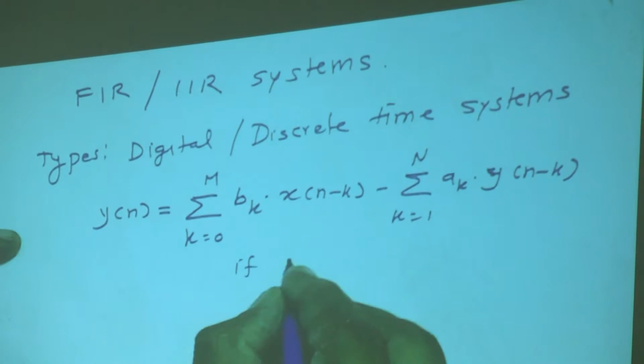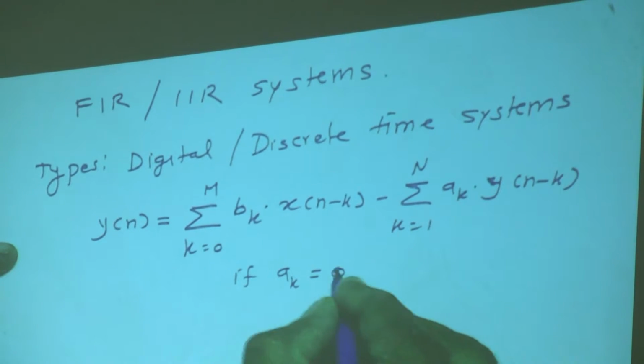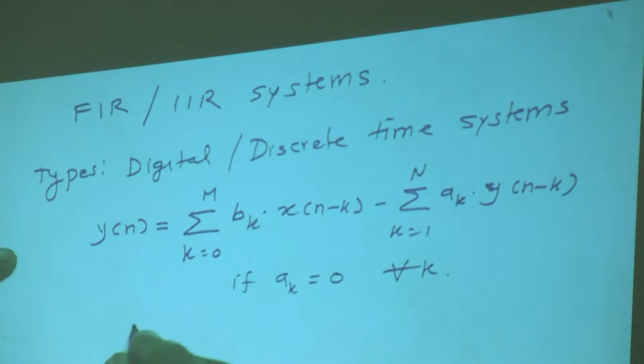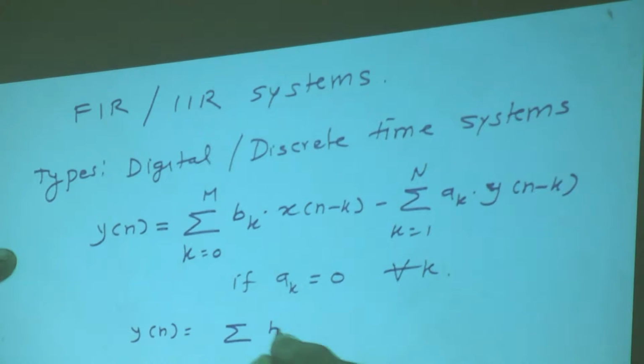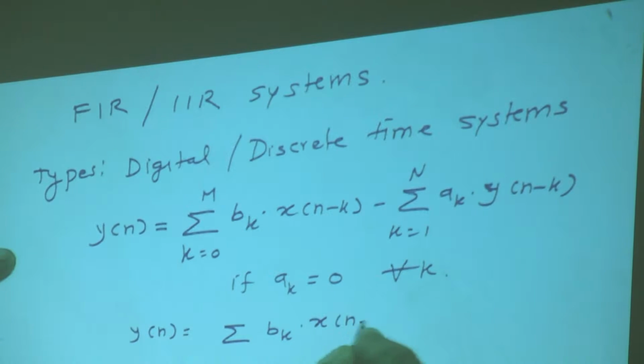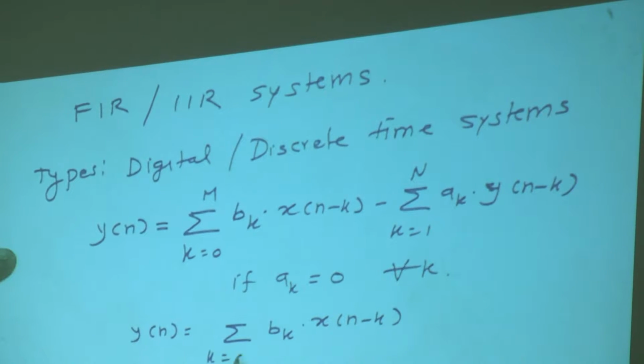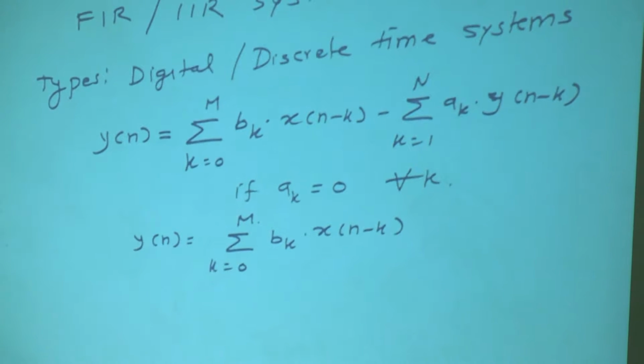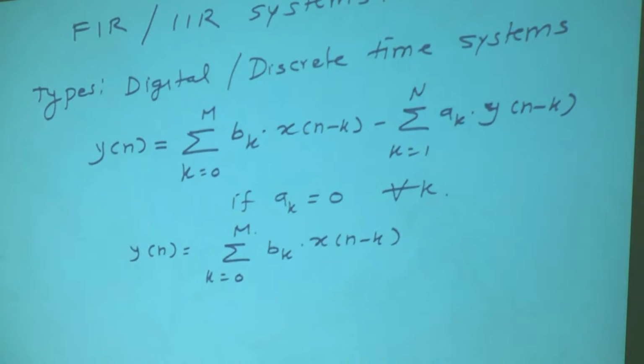So, if ak are 0 for all k, then what is the governing equation likely to be? It is going to be y of n is equal to summation of bk times x of n minus k, k going from 0 to m. And what is its impulse response?